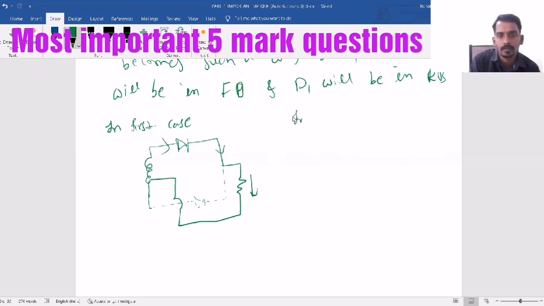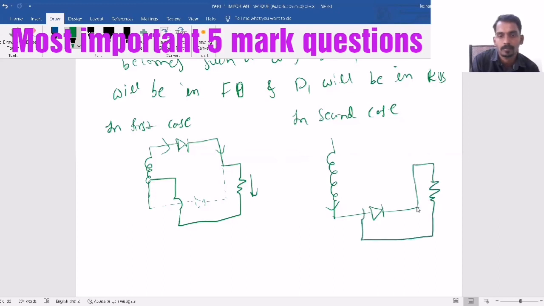Now in the second case, the current will flow like this. It will complete the circuit like this. Now there is no current in diode D1. D1 is not conducting. So this is the direction of current now. So it completed the circuit.